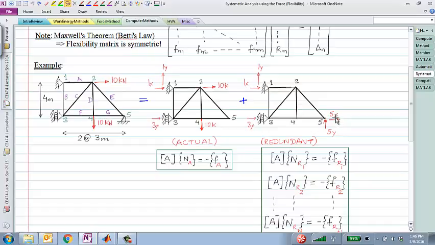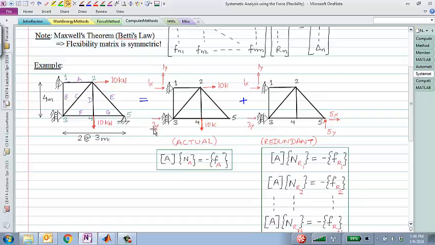If I can figure out the correct 5x force and the correct 5y reaction force that needs to be applied to node 5 so that the original truss does not have any displacement here, then these 2 trusses put together would be equal to my given indeterminate truss. That's the logic. This is the same logic that we used with the force method also. How do we get MATLAB to do it for us? Let's see how to do that.